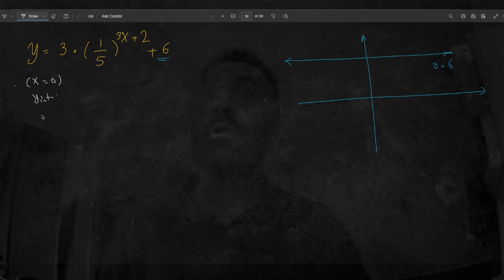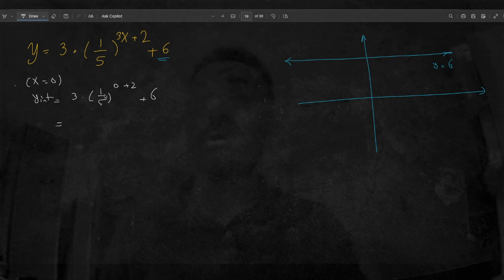Okay, so y-intercept, x equals 0. So y-intercept is 3 times 1 over 5 to the power of 0 plus 2, plus 6.